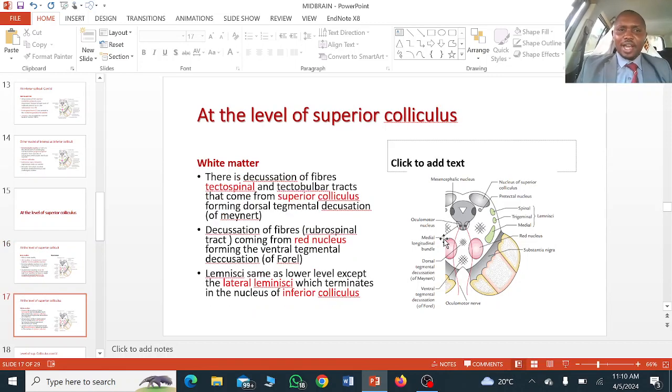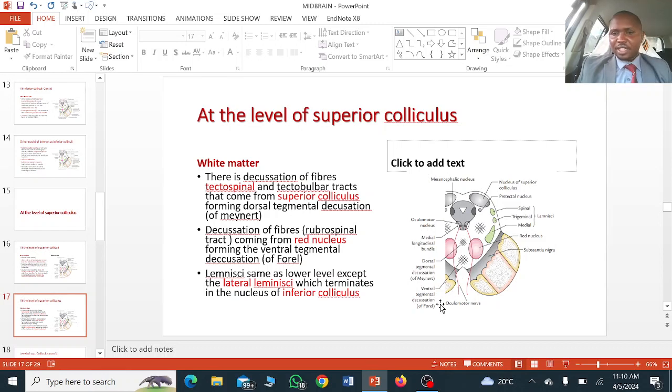So moving on from the gray matter, we look at the white matter, and of importance here is the decussation of the fibers of the tectospinal and tectobulbar tracts, which come from the superior colliculus.